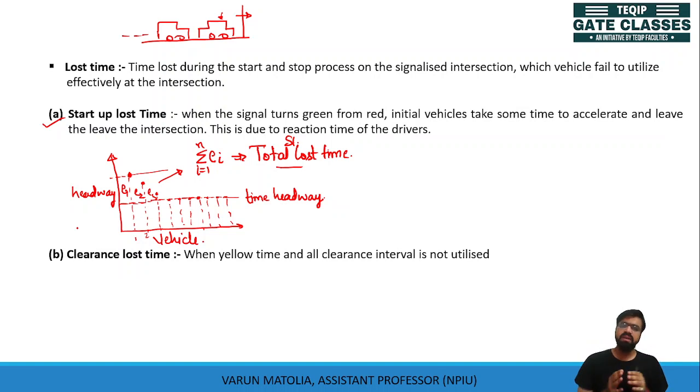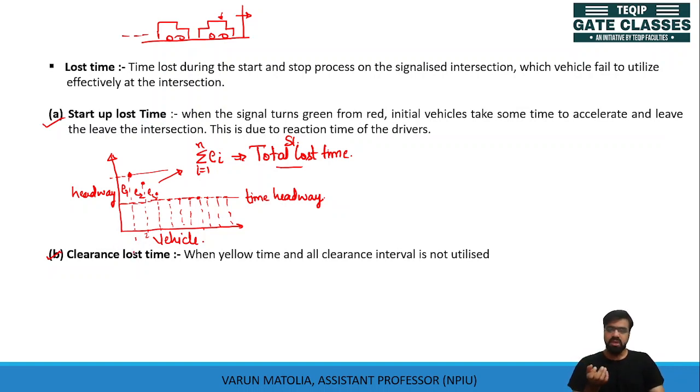So if the traffic does not utilize that time to move through the intersection, that is also known as your clearance loss. So this is also considered as clearance loss time, but it is very small. So we actually focus on this startup loss time. This we can observe also, the startup loss time.